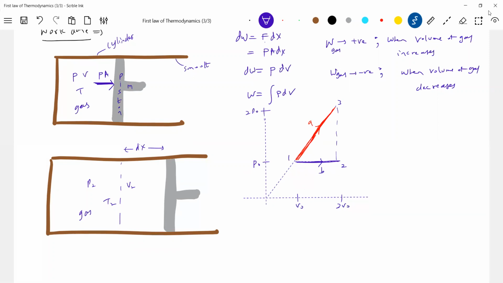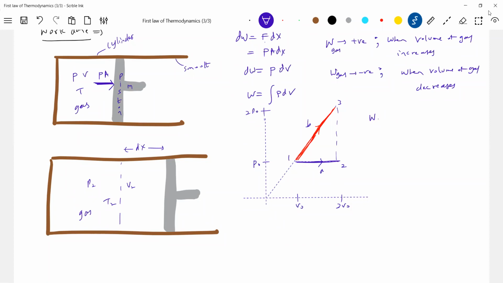Agree with this? So let's calculate the work done in different paths. First, what is the work done in path A? According to this formula, pressure is constant and the volume changes from V naught to 2 V naught.